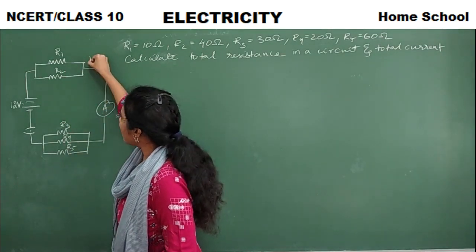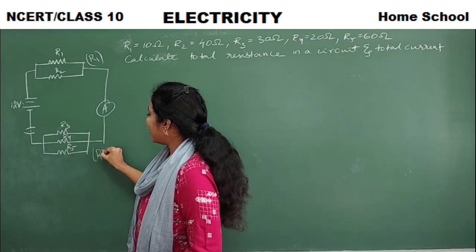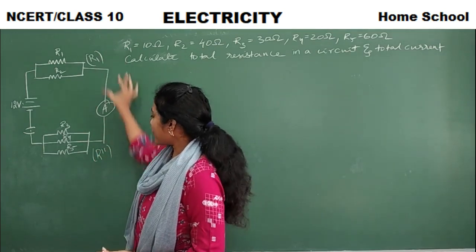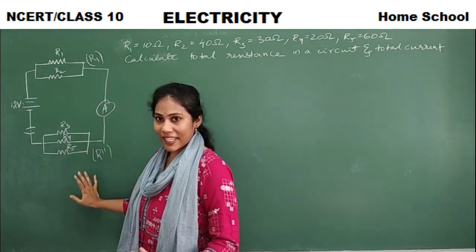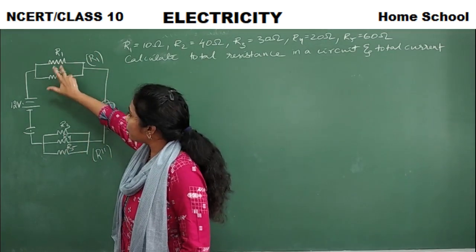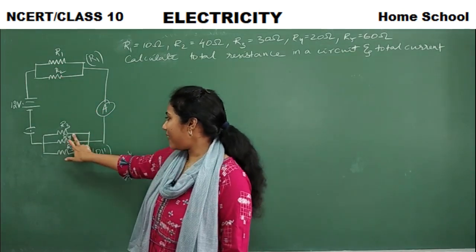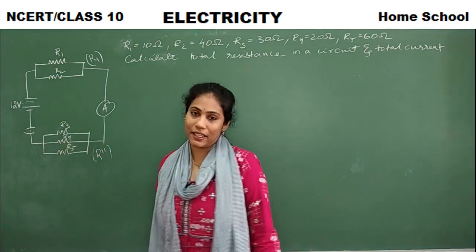Let me call this combination R dash and this combination R double dash. R dash and R double dash are in series, whereas R dash itself has 2 resistors which are in parallel, and R double dash itself has 3 resistors which are in parallel.